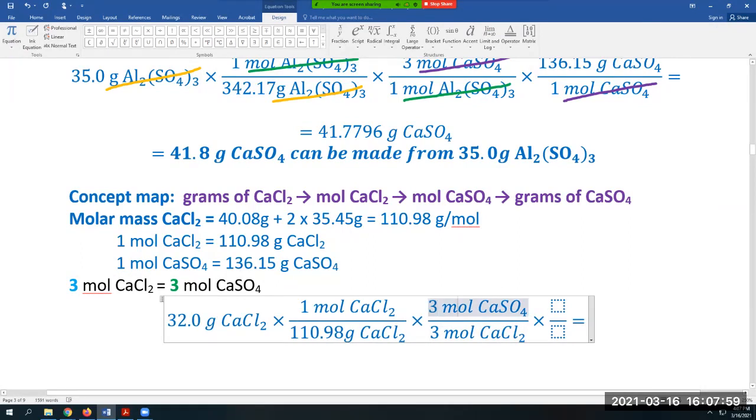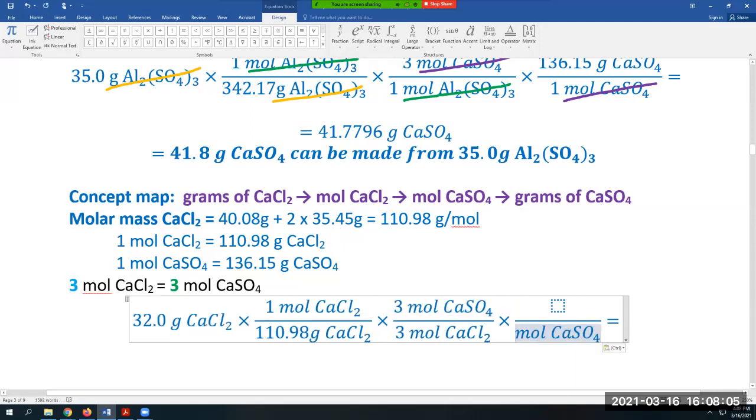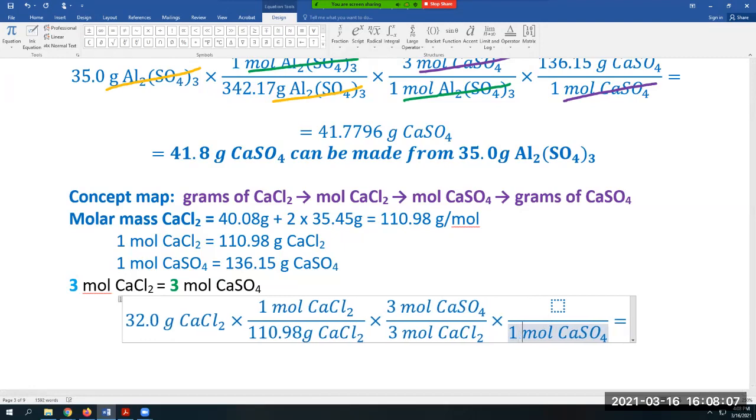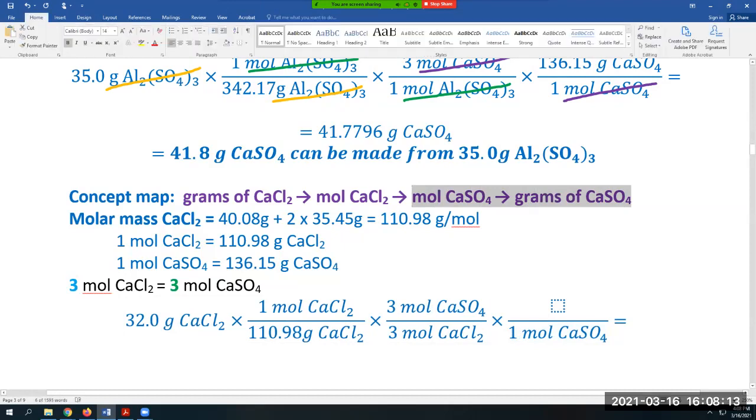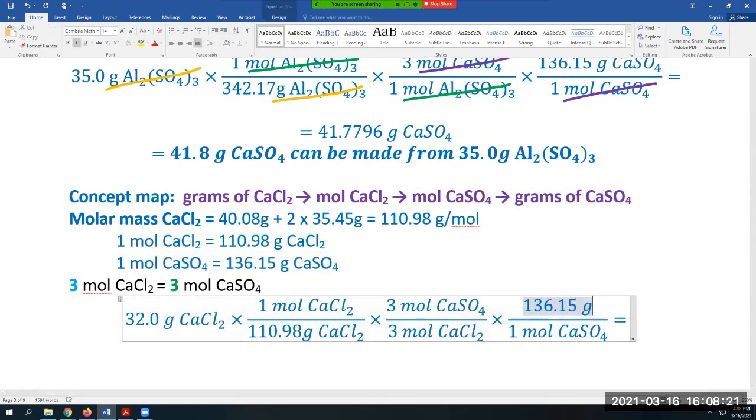Next, we need to cancel the units of moles of calcium sulfate, so they will need to be in the denominator of the next conversion factor. And that's the molar mass we need now, right? To change the moles of calcium sulfate to grams of calcium sulfate. So for 1 mole of calcium sulfate, we have 136.15 grams of calcium sulfate.